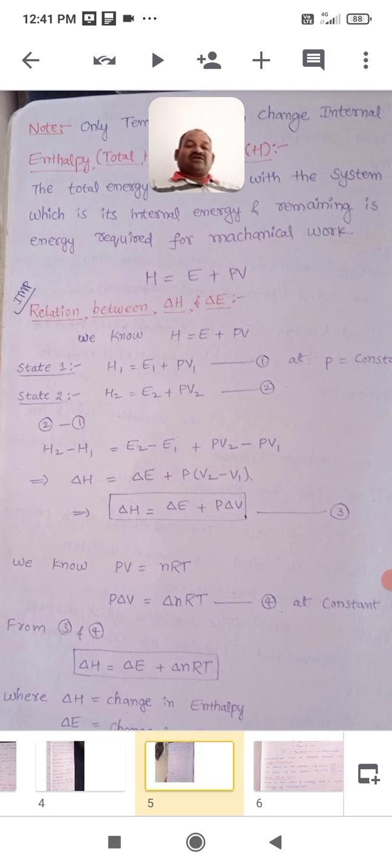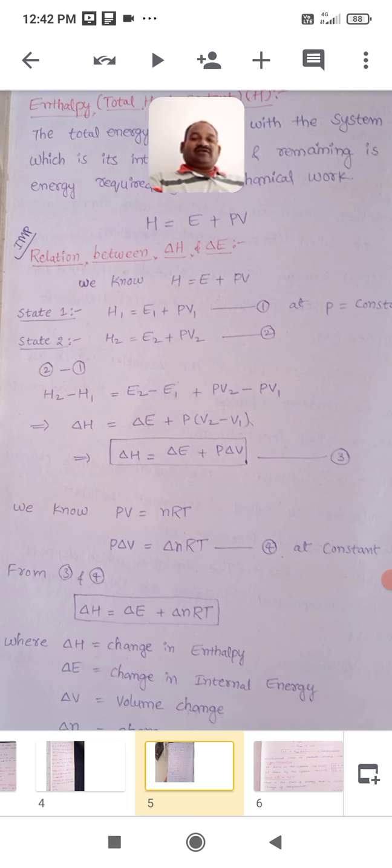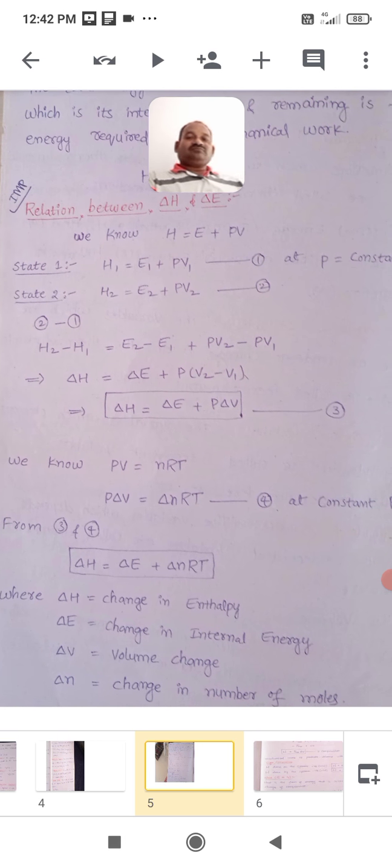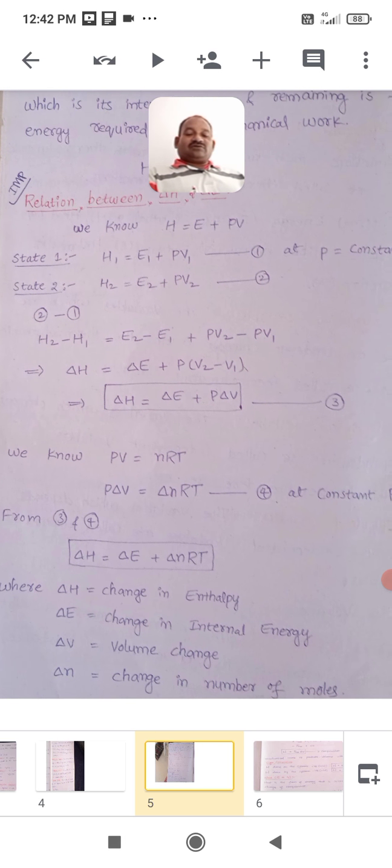Delta H is equal to delta E plus P delta V. PV is equal to nRT, P delta V is equal to delta nRT. Delta H is equal to delta E plus delta nRT, where delta H is the change in enthalpy, delta E is the change in internal energy, delta V is the volume change, delta n is the change in number of moles.